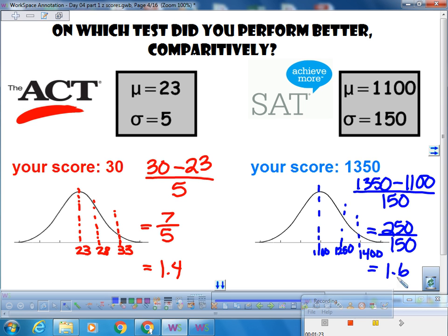So this one, they're over 1.6 standard deviations, and this one, they're over 1.4 standard deviations. So which one did you do better on? The SAT. That make sense?